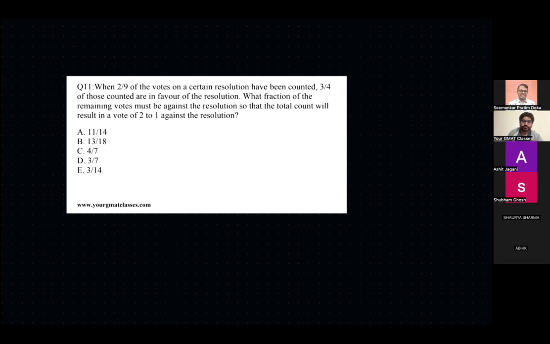Correct, Athar. Good. This is the maximum level ratio question that you can get, class. Nothing more than this.